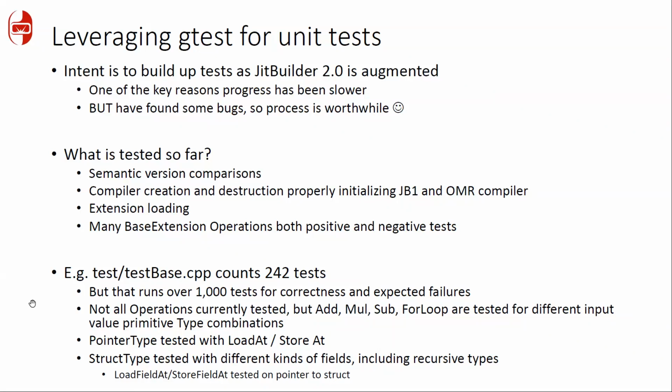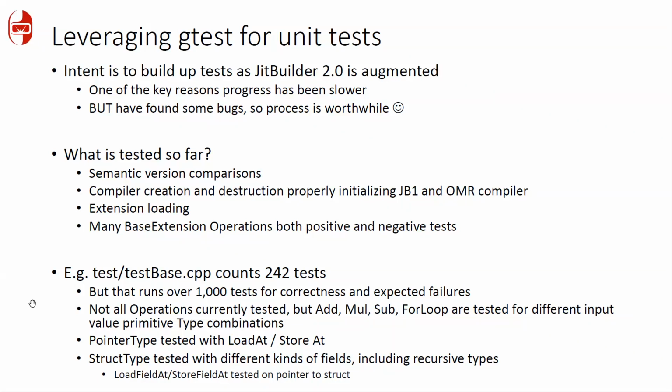There's a struct type, which is also tested with a variety of different kinds of fields, to make sure that you can store to one field and it doesn't affect the value of other fields of varying types. Creating recursive types is an interesting challenge when all types are const.